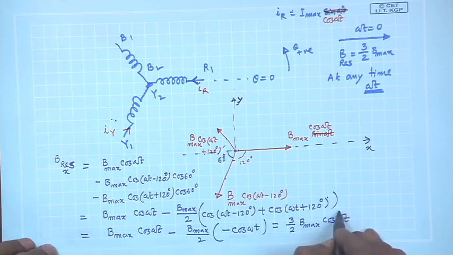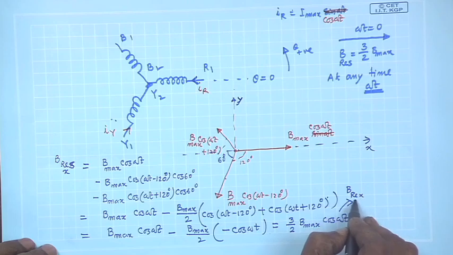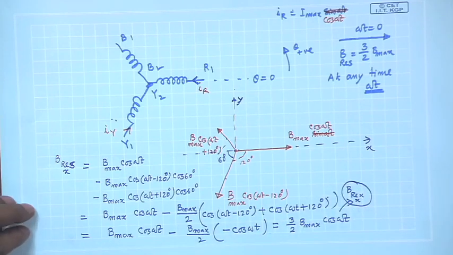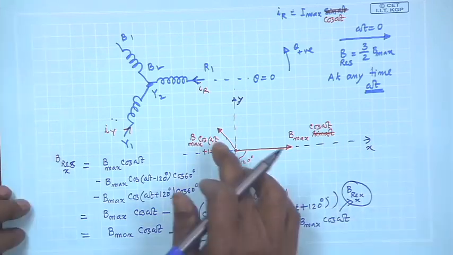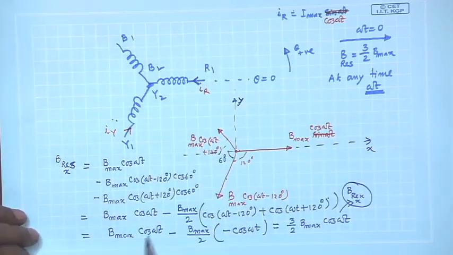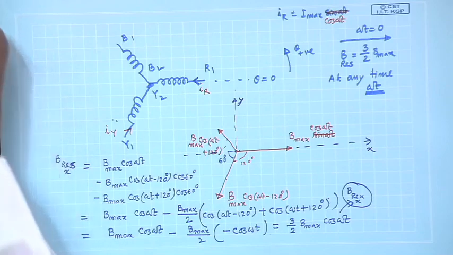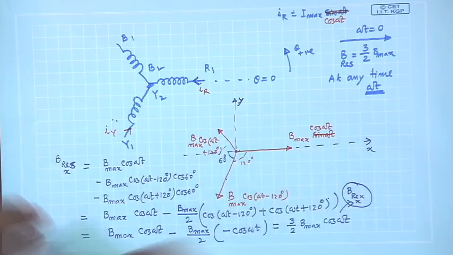So, mind you, this is what? This is the B resultant x component. Okay. Similarly, I find out the B resultant y component. Let me do it here with different colors.